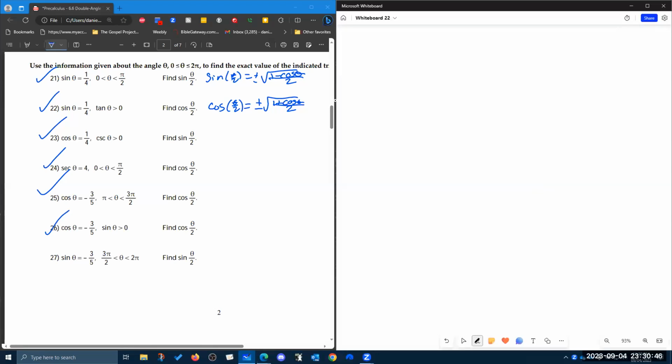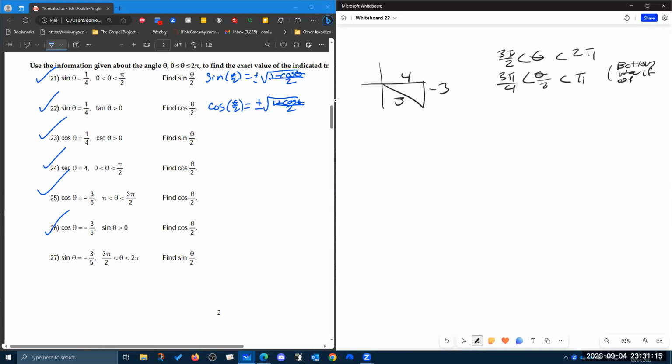If sine is negative and in quadrant 4, theta is between 3 pi over 2 and 2 pi, and theta over 2 is between 3 pi over 4 and pi, which is in the bottom half of Q2.